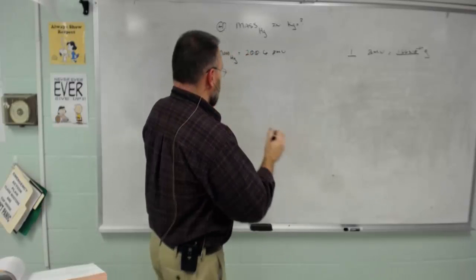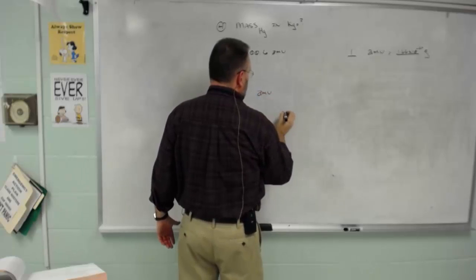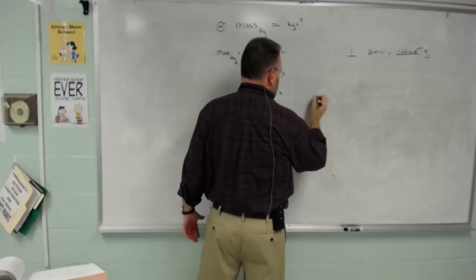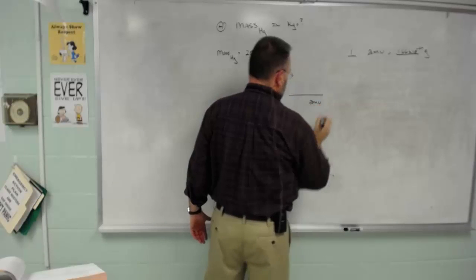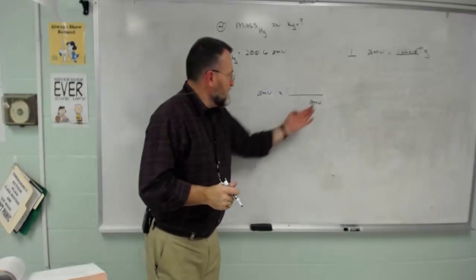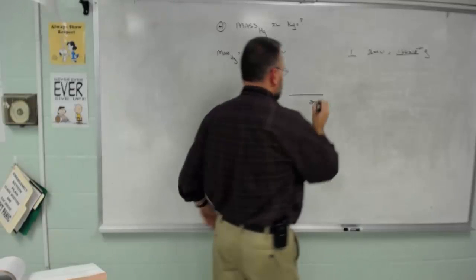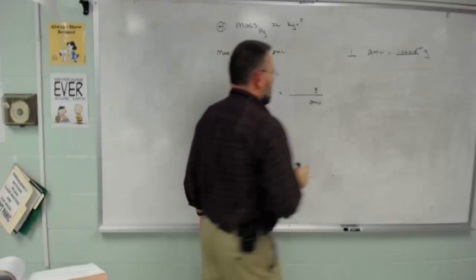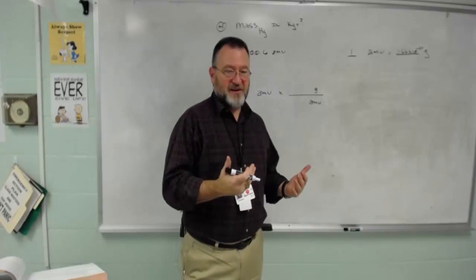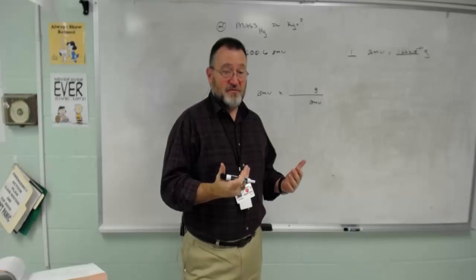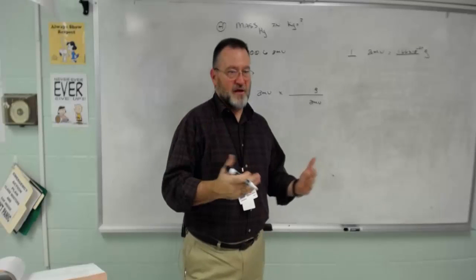I'm starting with my units, AMUs. I want to convert that into something that has AMUs in the bottom, because I don't want to speak that language anymore. I want to eliminate AMUs from my answer. I need something that takes me from AMUs to grams. But the problem doesn't ask me to solve in grams. It asks me to solve in kilograms.